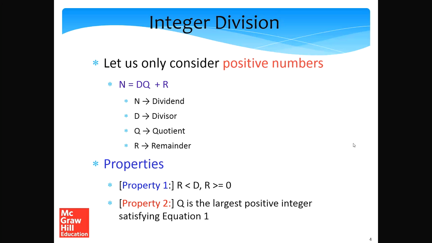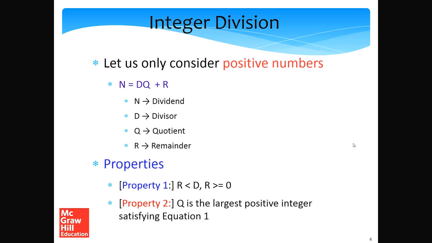Let us only consider positive numbers in our discussion, because dividing negative numbers is kind of tricky. Tricky in the sense that when we are doing integer division and there's a negative number involved, there are different conventions for the remainder. Some conventions say the remainder is always positive. Some say that the remainder has the same sign as the divisor.